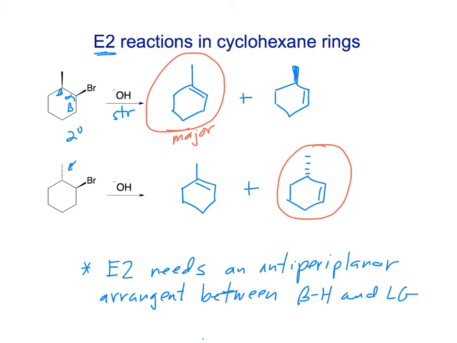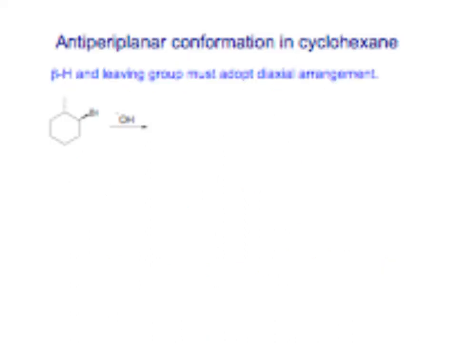So how can we tell if there's an anti-periplanar arrangement when we have these two molecules in cyclohexane rings? How does this work in a ring?